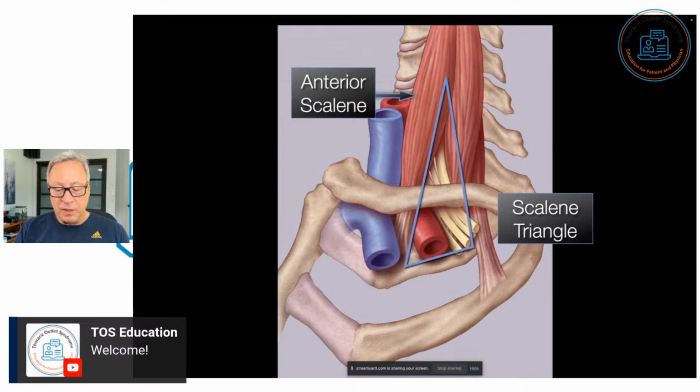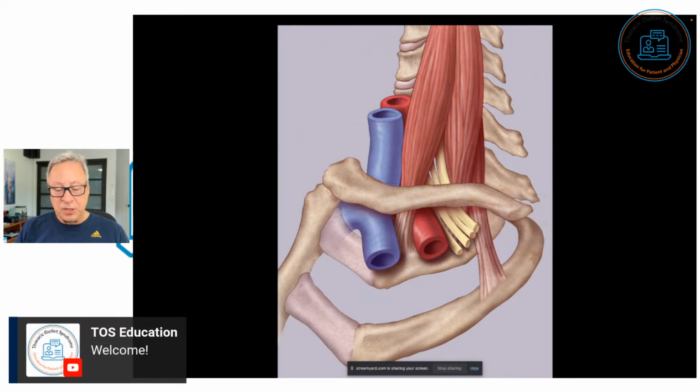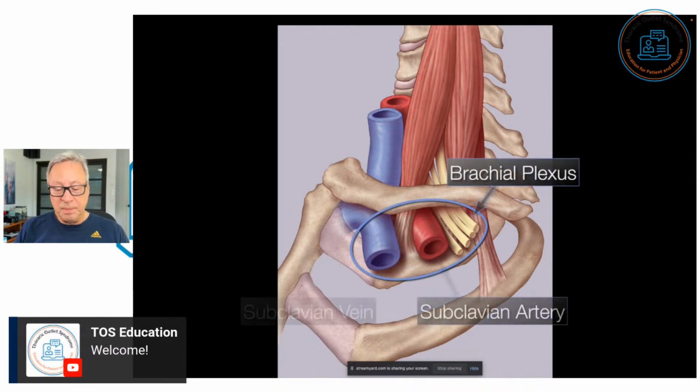And what we've done here is superimpose the scalene triangle to show the anterior scalene is the front wall, the middle scalene is the back wall, and the base of the first rib forms the floor of the scalene triangle. You'll notice that the subclavian artery and the brachial plexus come through the scalene triangle.